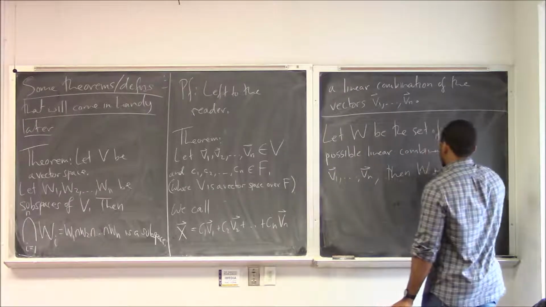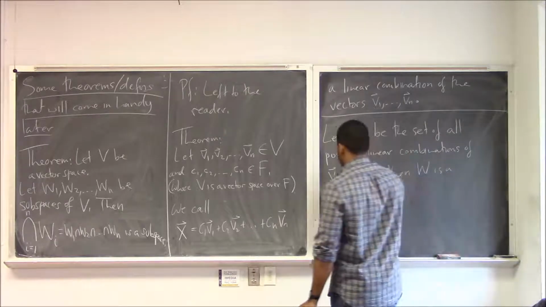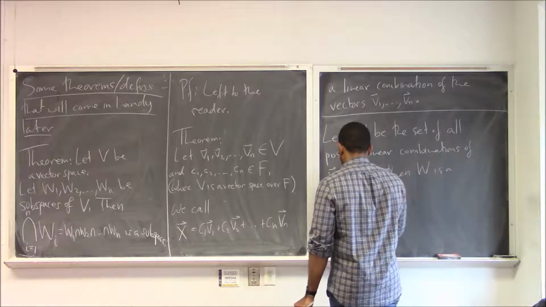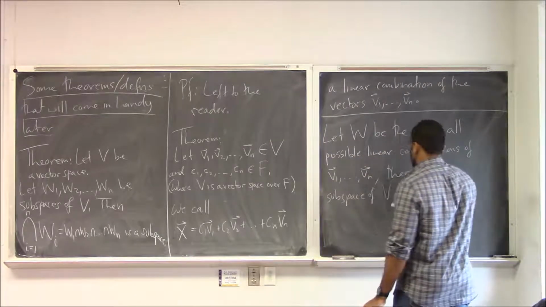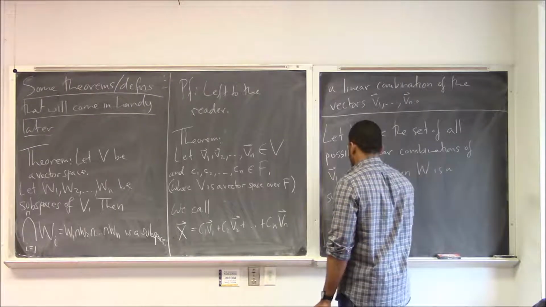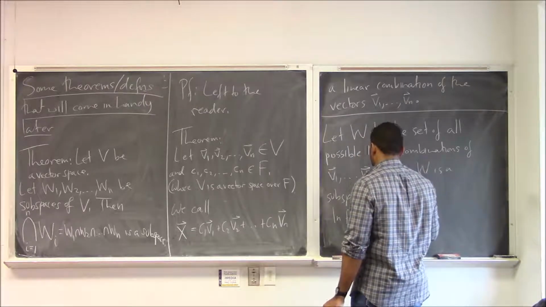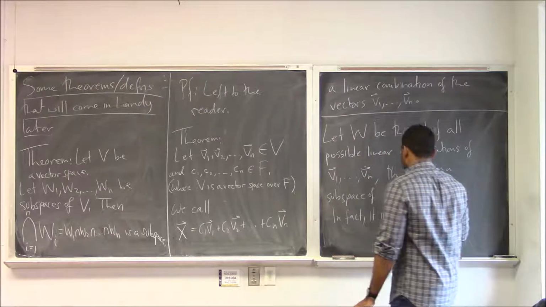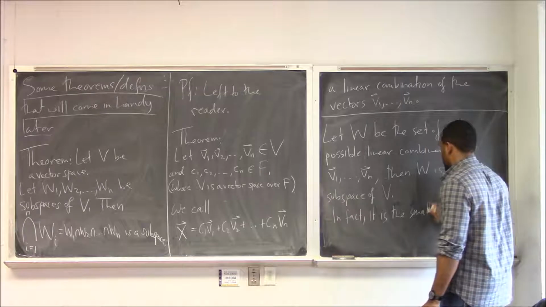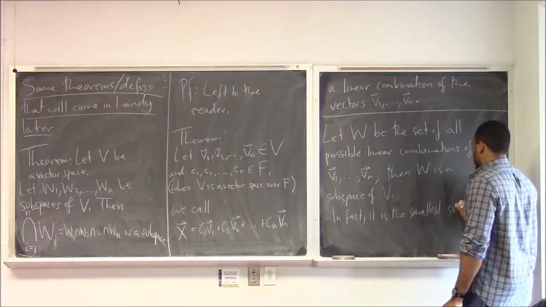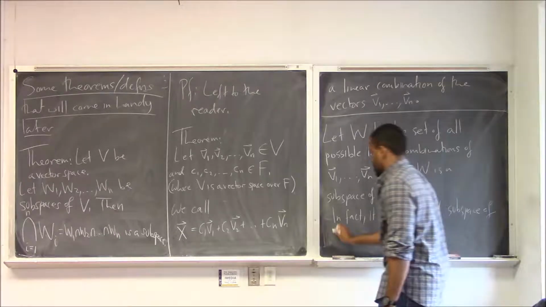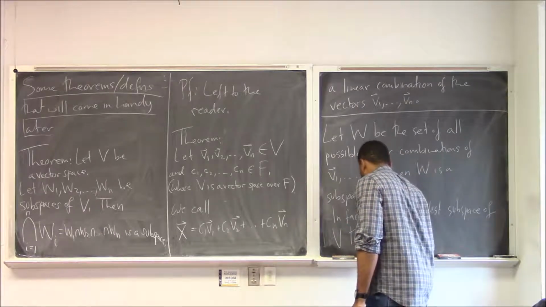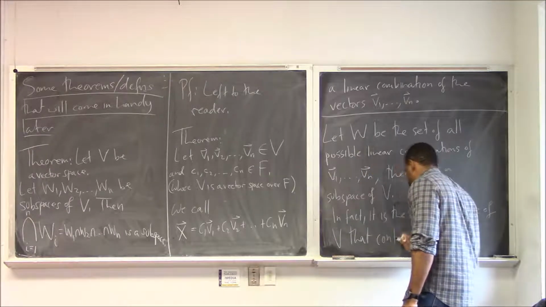Then it turns out W is a subspace of V that contains these vectors.